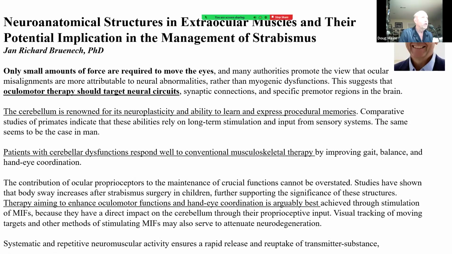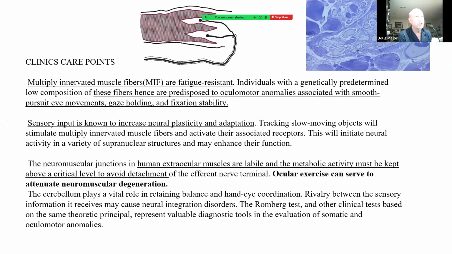These multi-innervated muscle fibers resist fatigue, and they're predisposed to the oculomotor anomalies associated with smooth eye pursuits, gaze holding and gaze fixation. The flocculus receives sensory inputs to increase neuroplasticity and adaptation, and they're liable for metabolic activity and must stay above a critical level to avoid detachment. Ocular exercise can serve attenuation in neuromuscular degeneration. Just all on point. Thank you, Jan.